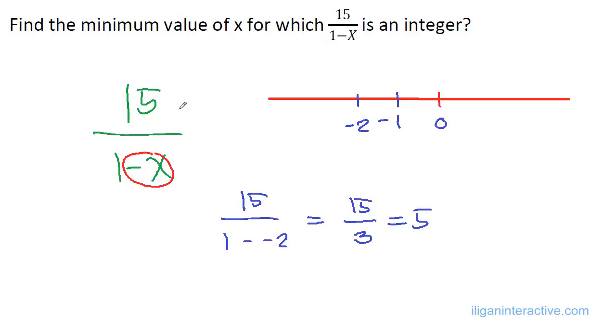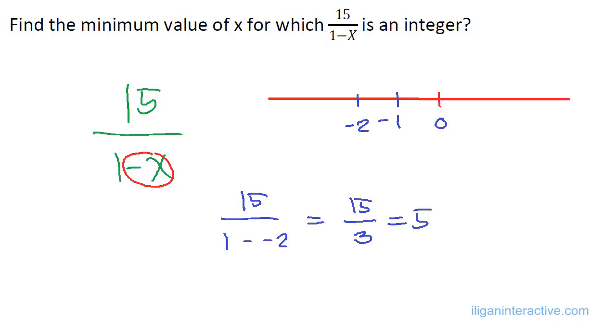Now again, I think we can see that we can allow this number to grow, but it should not exceed 15, for the 15 over that denominator to still be an integer. So the biggest possible value of the denominator will be 15, because 15 over 15 is 1.